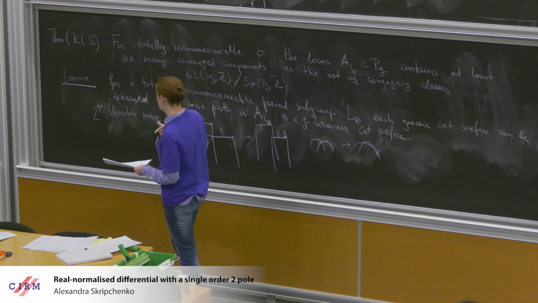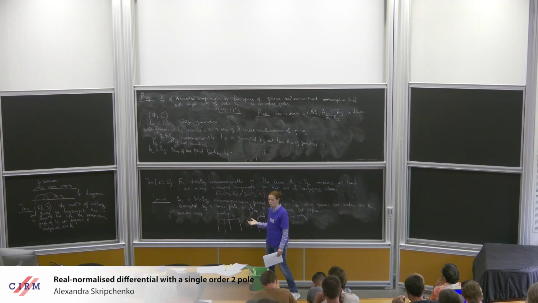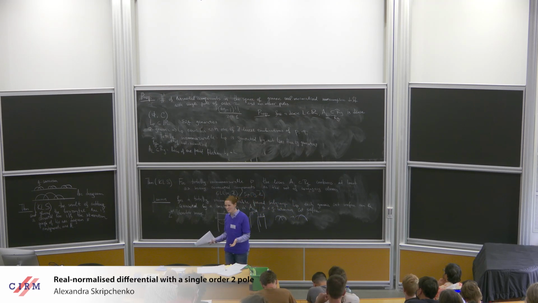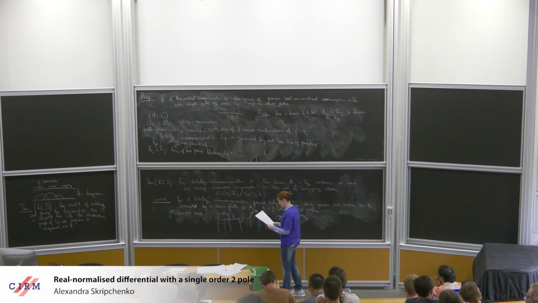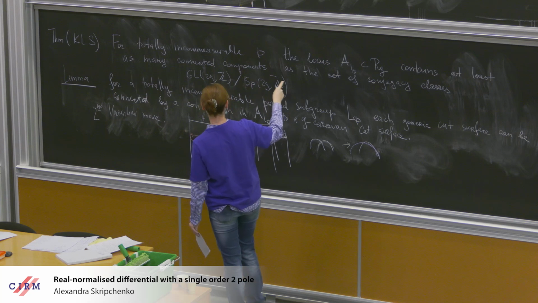From one basis to another one, we switch using the symplectic group. Why is it true? Because there is a symplectic form in the first homologies that corresponds to the intersection form, simply. So once we know that, we have the statement that I announced somewhere here.